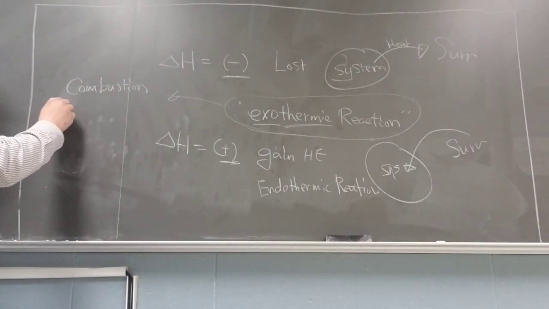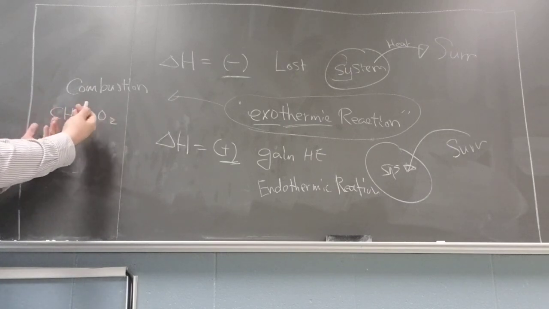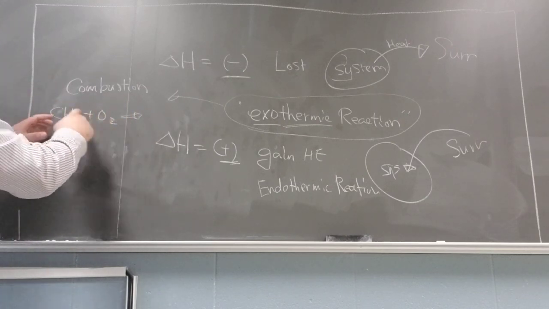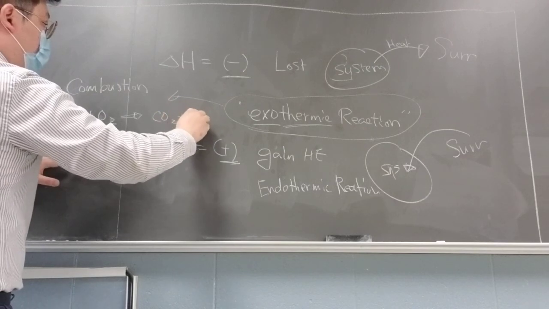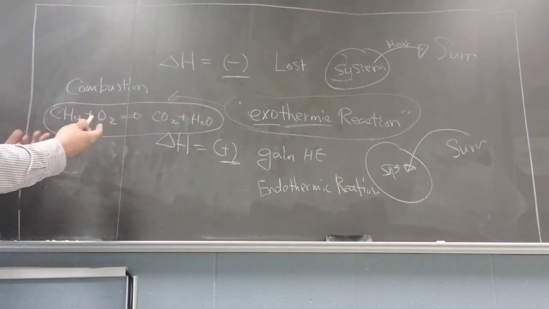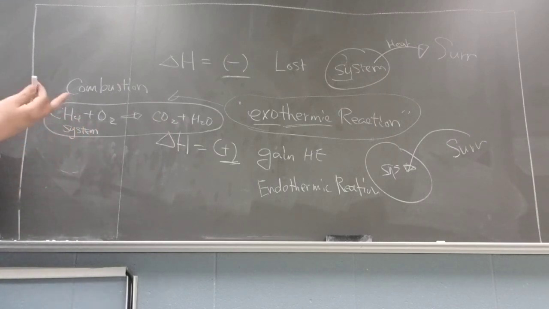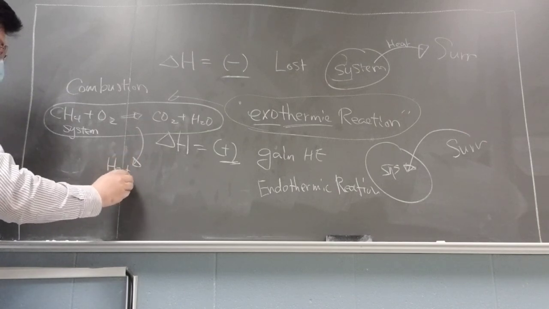So if they do this one, combustion reaction, which is really fast oxidation, it's going to produce carbon dioxide and water here. So this whole system is now our system. This chemical reaction is our system, and it's going to give us heat by doing combustion reactions.